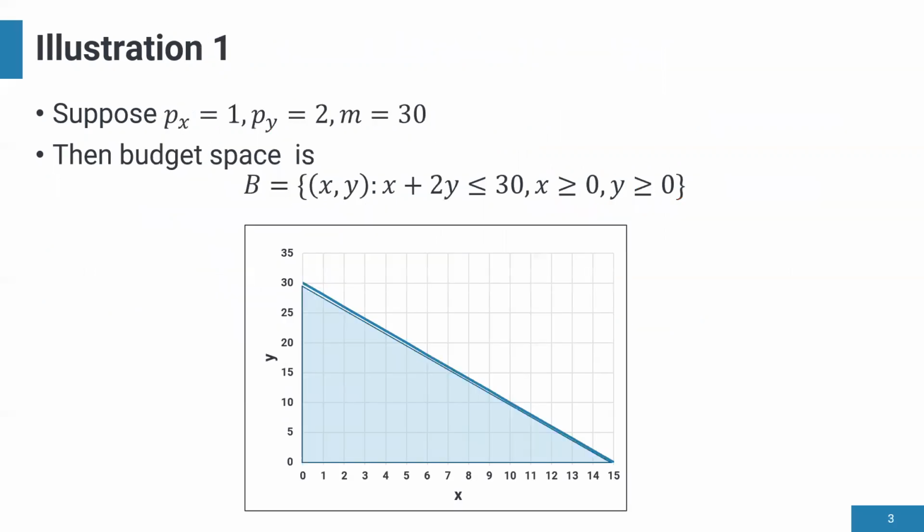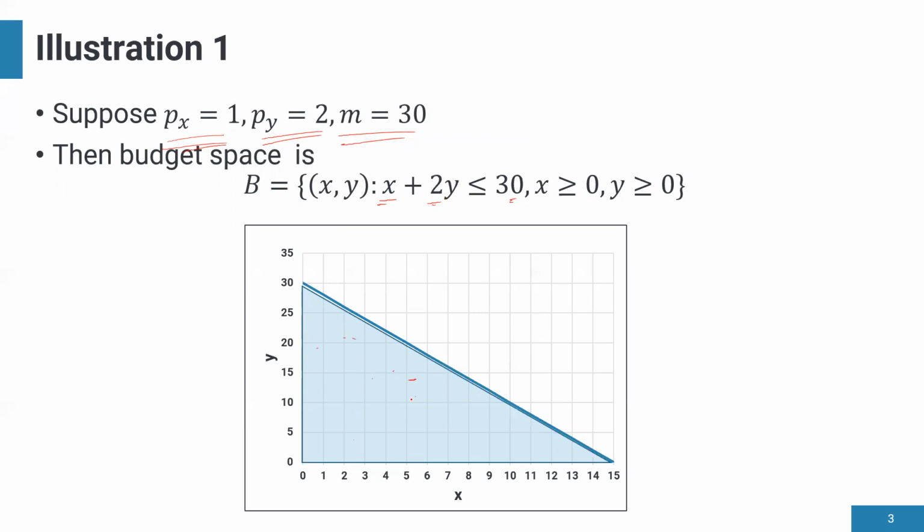So next, let's take an example so that it will be better to understand. Suppose in the market, Px is equal to 1, Py is equal to 2, and income is 30. So now the budget space will be this, this, and this. Okay, and X is greater than or equal to 0, Y is greater than or equal to 0. So if you plot it in the graph, this is the space it is referring to.